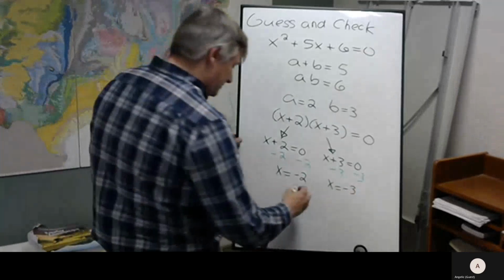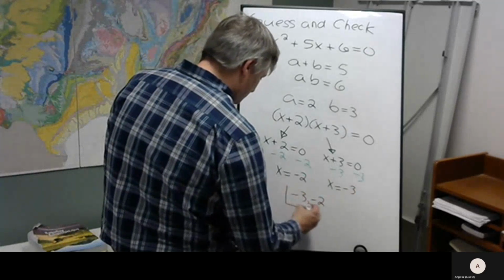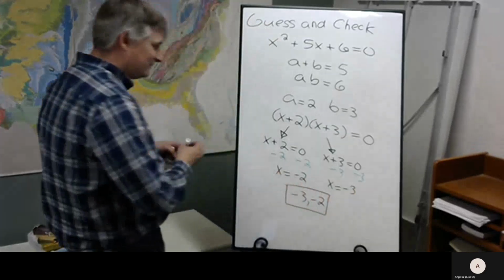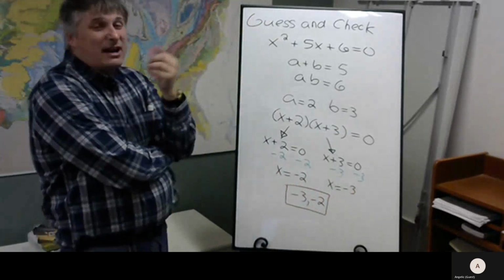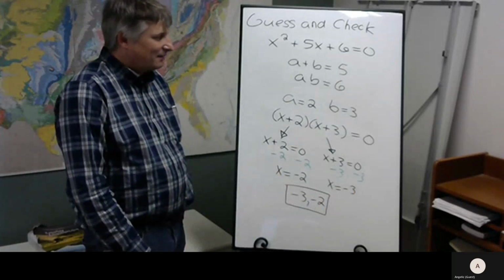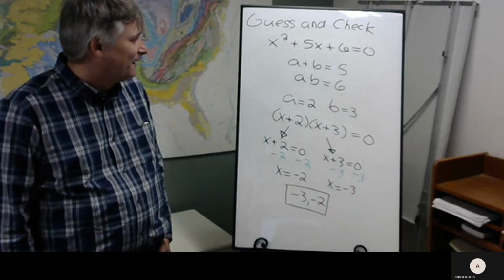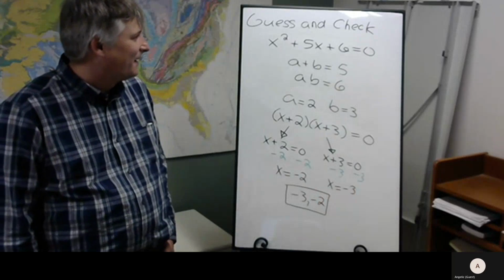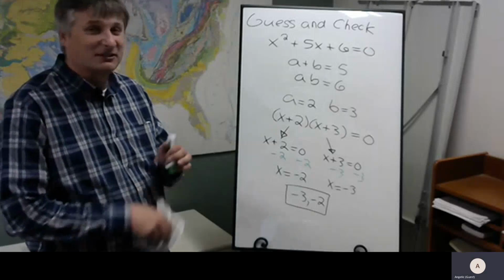So for your answer, it's -3, -2. And so that's how you could use guess and check. Now, questions about that? Yeah, that's it. All right.